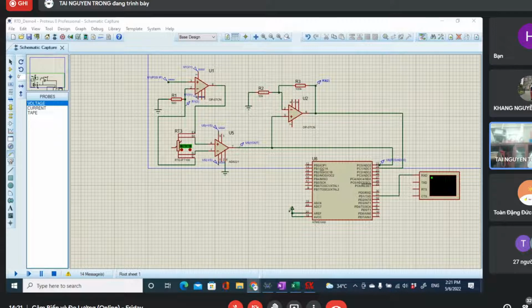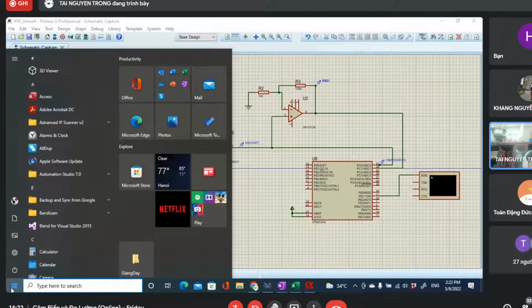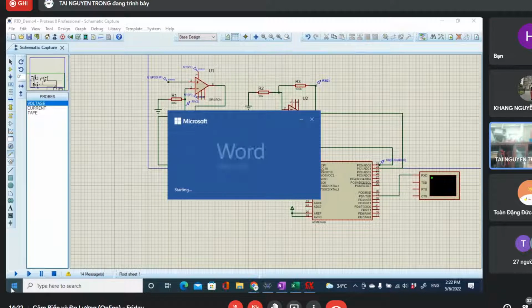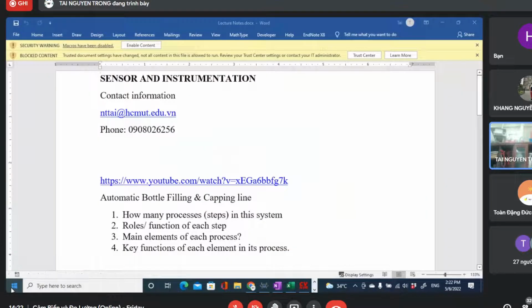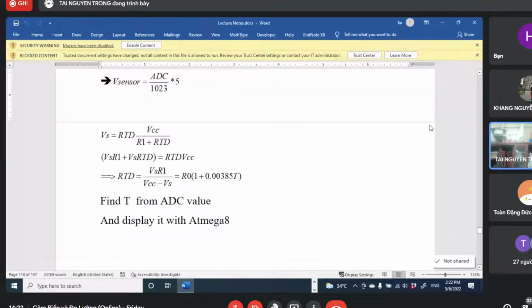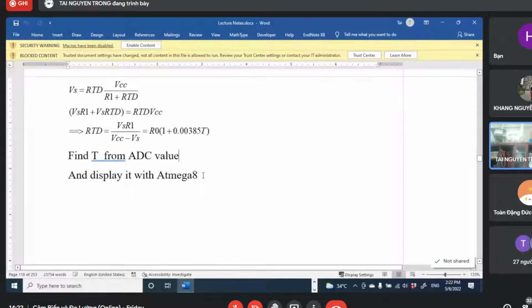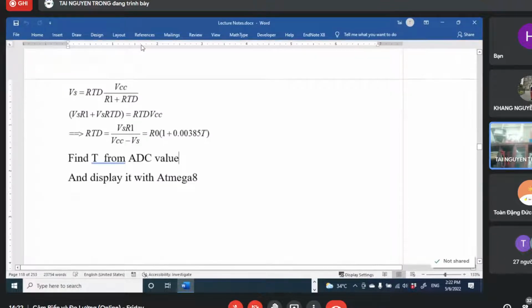And that's the homework is takes a calculation for the temperature and evaluation for accuracy of the circuit. Okay.